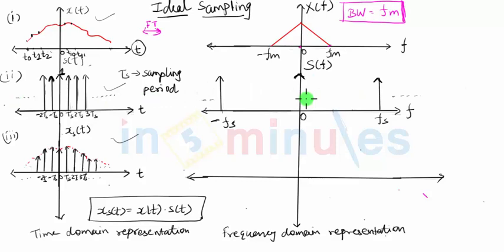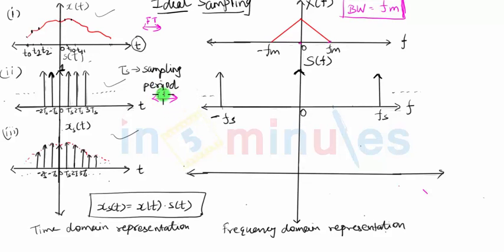In simple words, the Fourier transform, the frequency domain representation of a train of impulses, is also a train of impulses, because this second signal which we have shown, which is the Fourier transform of the second time domain waveform, is nothing but a train of impulses.